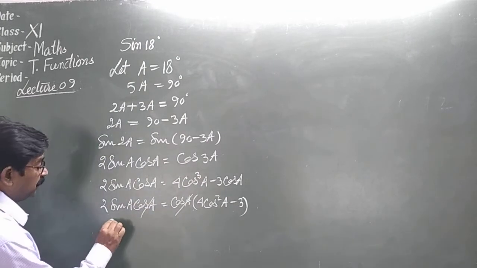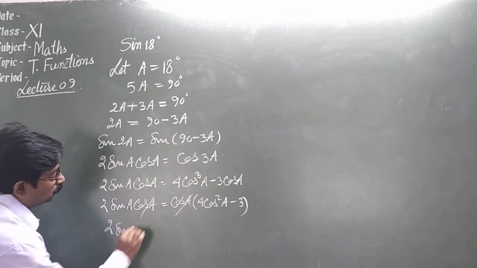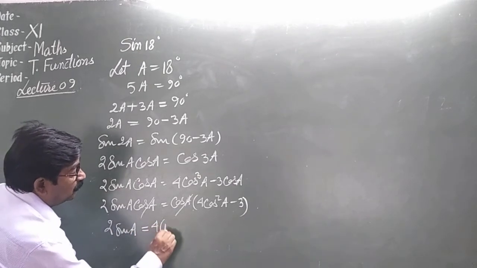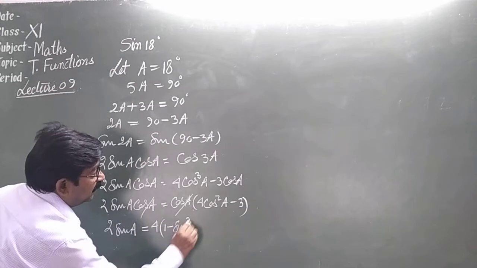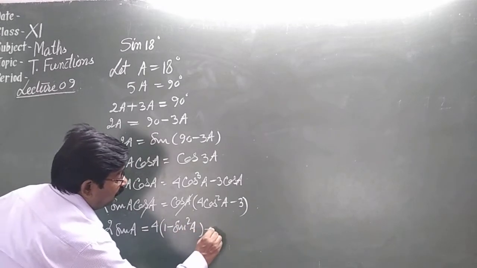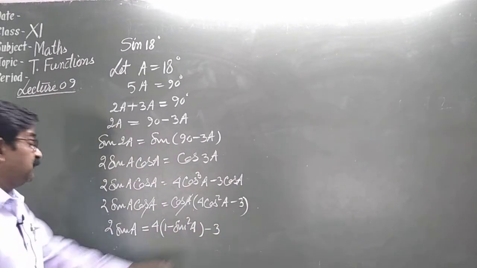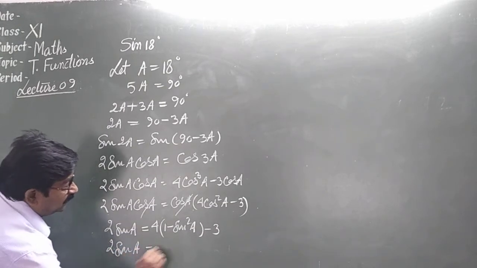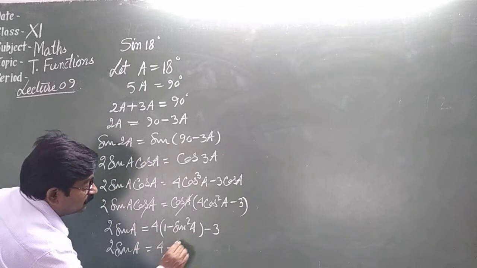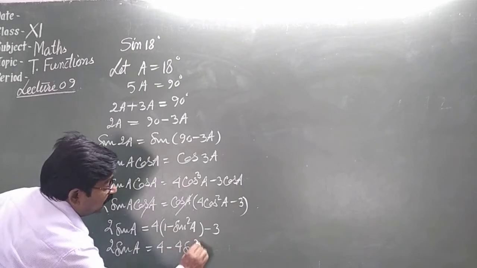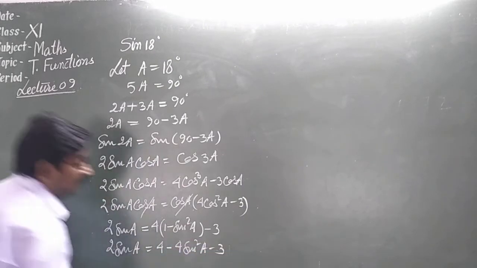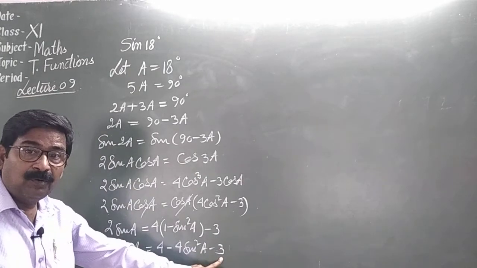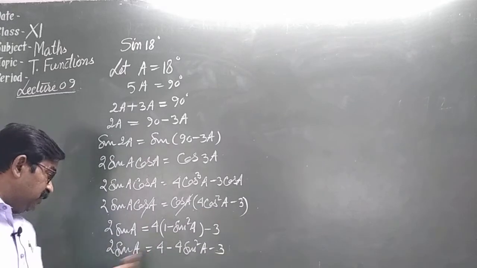How to convert? See, 2 sine A is equal to 4 times 1 minus sine square A, minus 3. Multiply this 4 inside. We have 2 sine A is equal to 4 minus 4 sine square A minus 3. So 4 minus 3 is 1.